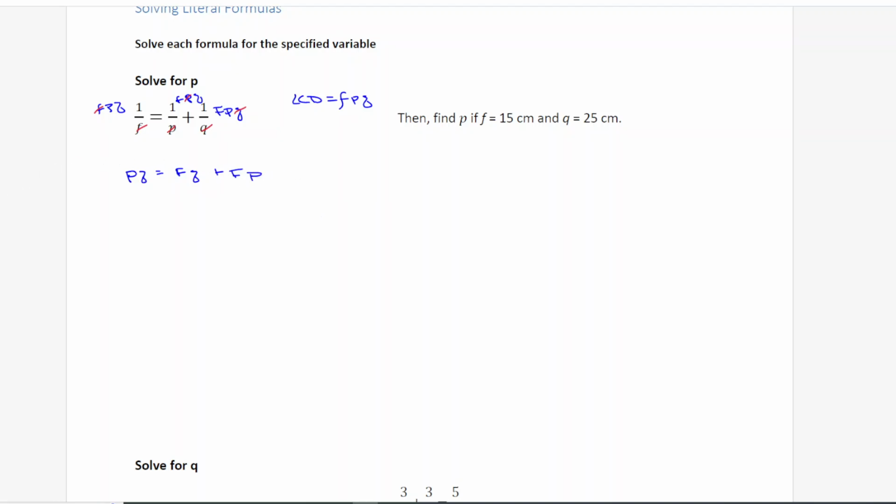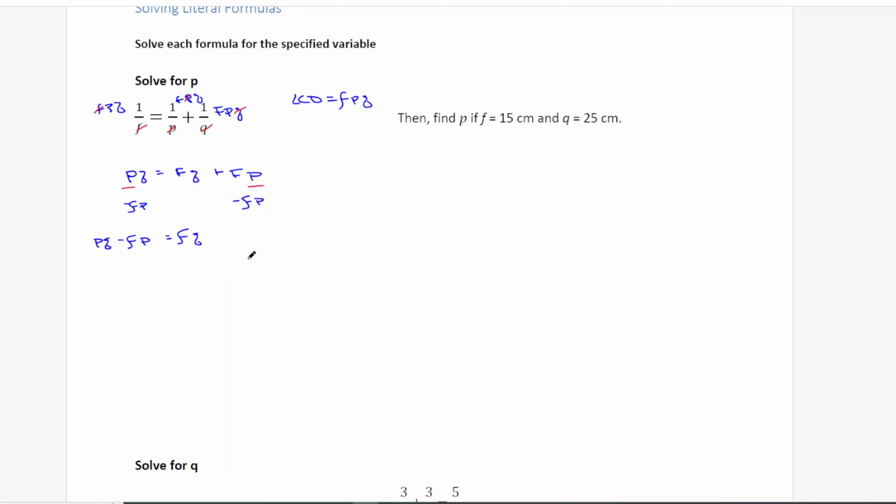Then, what am I solving for? Well, I'm solving for P. What's the problem? There's two P's. We are back to a chapter 5 question. When you want to solve for a variable that appears more than once, get them together. In other words, I'm going to minus the FP from each side. So I end up with PQ minus FP is equal to FQ.